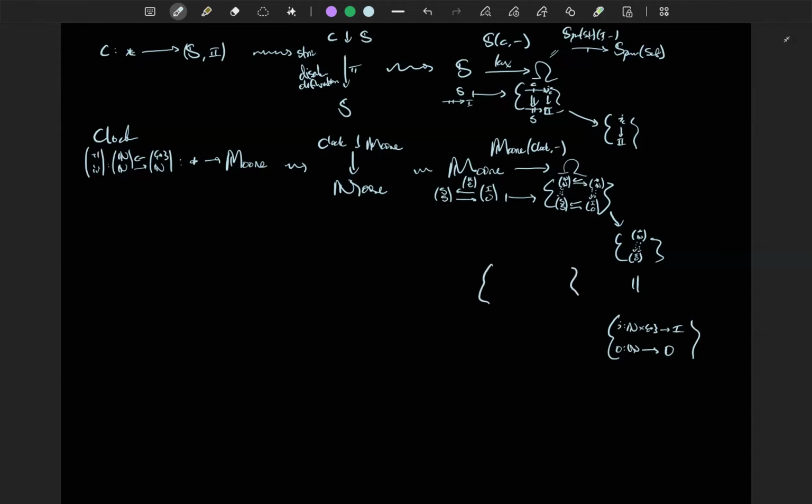Over here, we have that I and that O, and we have an S from N to S, such that the equations hold that make that square commute up there, which again is that E of S_t is equal to O_t, and U of S_t, I_t is equal to S of t plus 1.